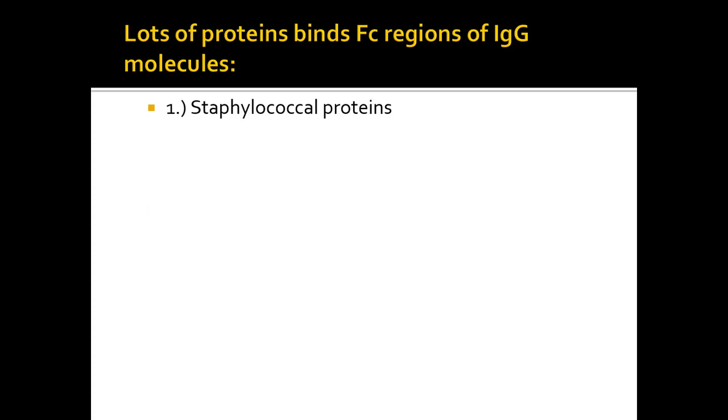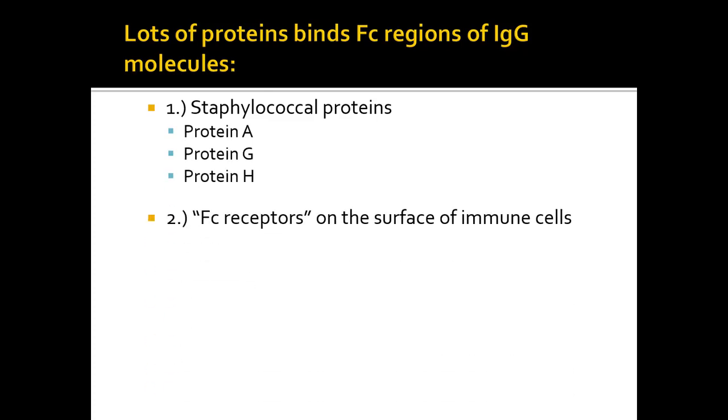So let's look at other things that bind the Fc regions of antibodies. These staphylococcal proteins do. We've got three: protein A, G, and H. Fc receptors on the surface of immune cells will bind the Fc region. We showed the granulocyte doing that. There's a neonatal Fc receptor in the fetus, which is how the fetus actually gets antibodies from its mother's milk, by binding the antibodies in its stomach and moving them through to its bloodstream.